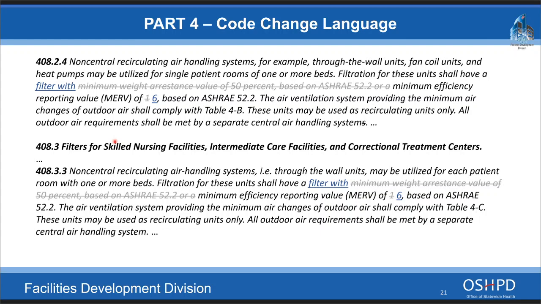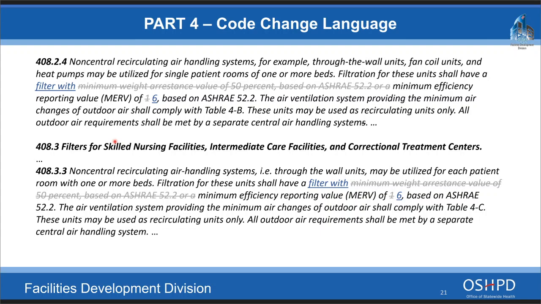At 408.2.4, we're just once again adding clarification. Filtration for these units shall have a filter with minimum efficiency of MERV 6. Yeah, we had MERV 1 in there for non-central recirculating air handling systems. And once again, we're just getting in alignment with ASHRAE 170. And the MERV 1 was always kind of funny to me. We just call that a rock catcher.